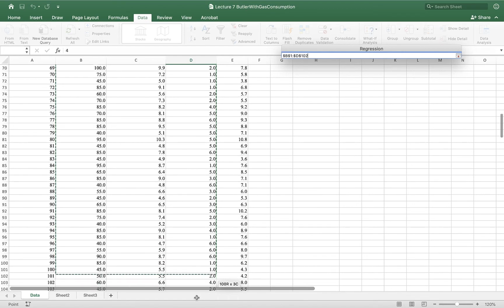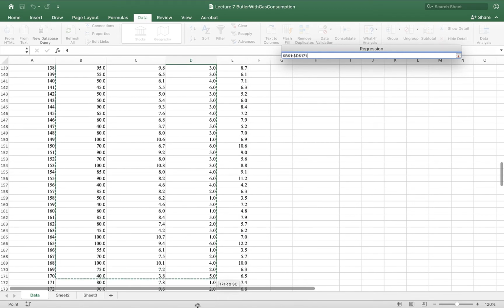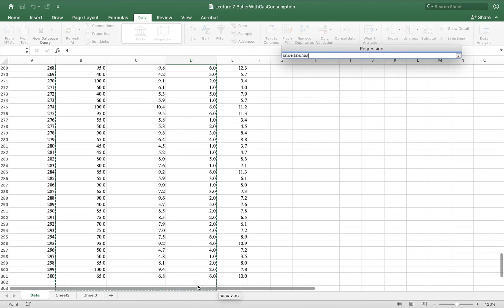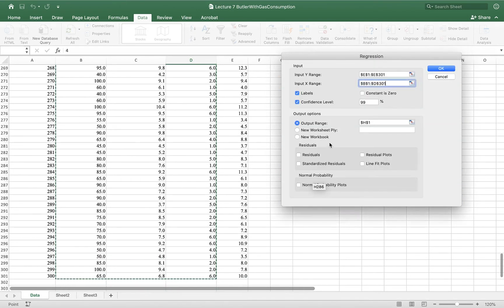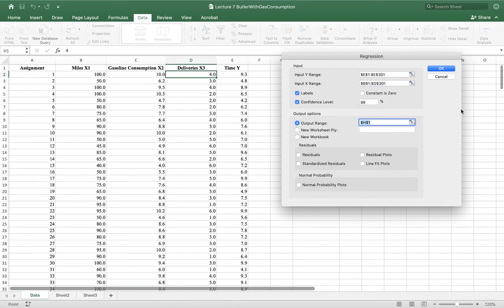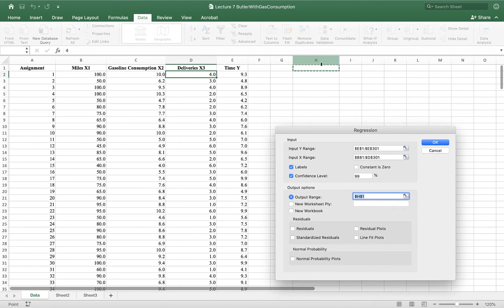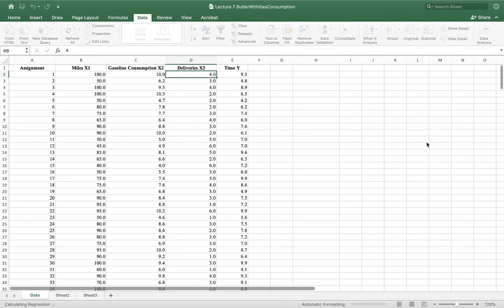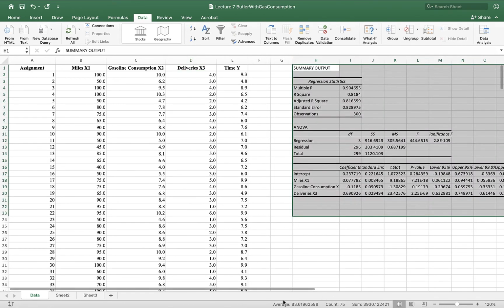Make sure that labels is clicked because we have included labels in the area that I am highlighting now. There you go, so labels is clicked. Where do we want the output to go? Is H1 good? Yeah, H1 seems good. Let's put it in H1, and we're going to get these results.